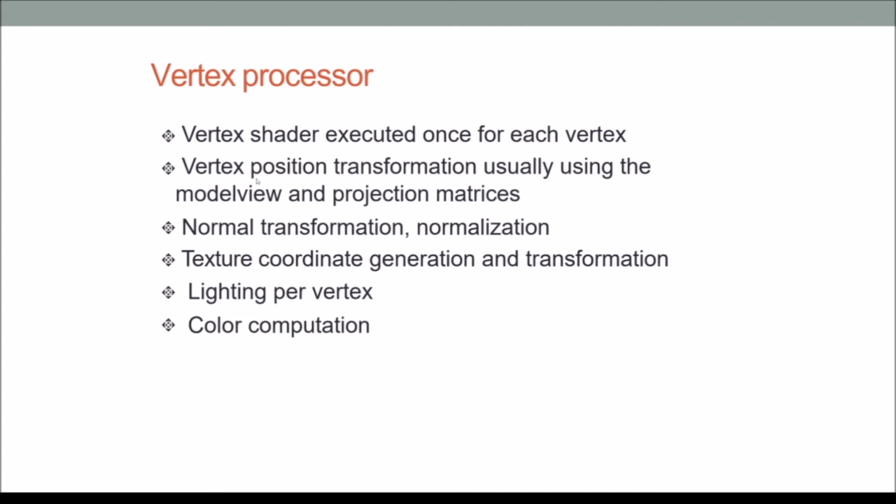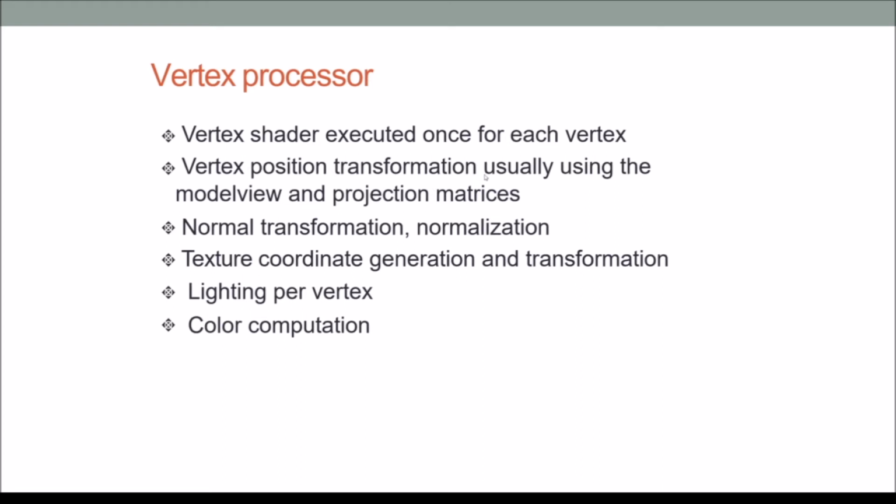So the vertex position transformation, usually using the model view projection. This part right here is actually the rasterization at the end. What you should see and what you should not see is all handled by vertex positions, right?